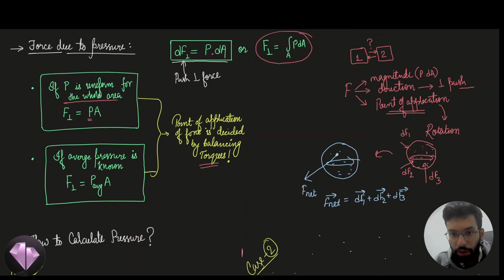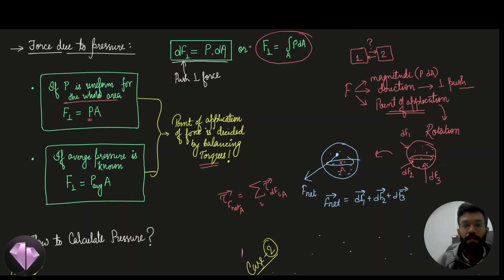But how to calculate its point of contact? ये जो F net force है वो मेरे system पे कहाँ लगेगा? So that is calculated using balancing of torques. So what do you need to do? Take any point. So let's say this is point A, and tau due to F net at the point A should be equal to summation of all the tau vectors due to dfi's at point A for all i.